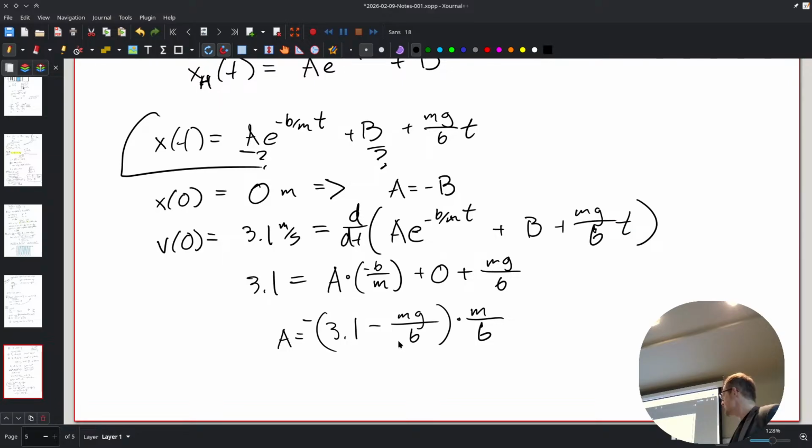Yeah, multiply both sides by m over b. Then we just have A, something like this. Seems like we got some progress.